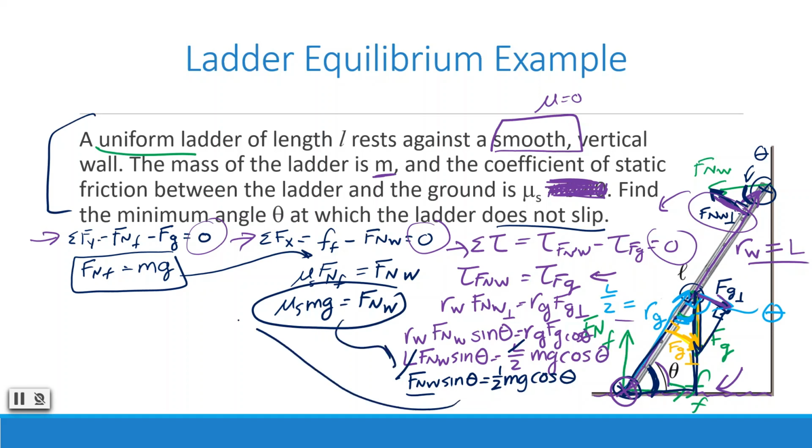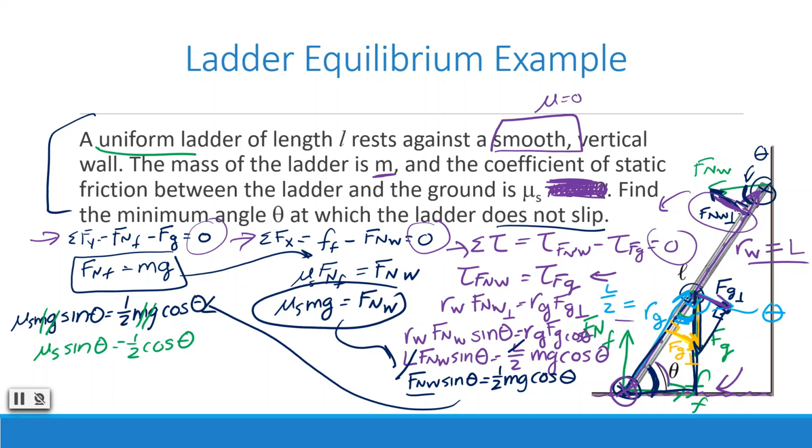So I get FNW is going to be mu s m times g times sine theta is equal to 1/2 mg cosine theta. So m cancels, g cancels, so I get mu s sine theta is equal to 1/2 of cosine theta.